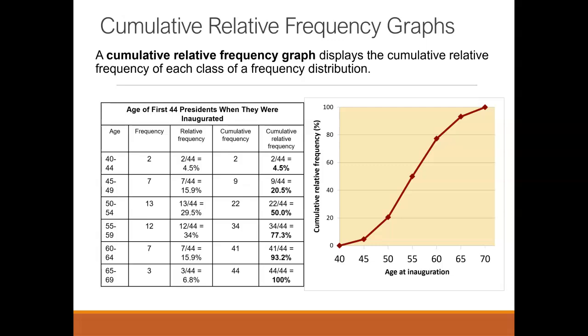And notice when we plot our points, the first plot is at the start of our range. So the dot is at 40, and the next dot's at 45. It's always at the start of our range. You guys see that?